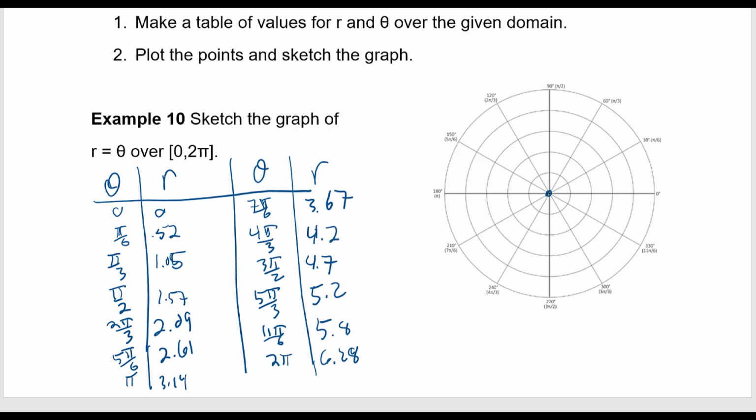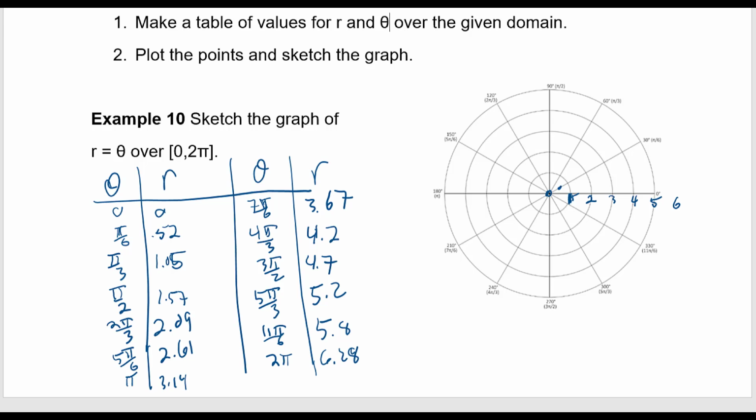Okay, so we'll start here. Then along this one, we're going to be at 0.52. So how should I scale this? Maybe call this 0.5. Well, we're going out 6.28, so maybe we'll call this 1, 2, 3, 4, 5, 6. So we start out here, then this will be 0.52, so right about there.